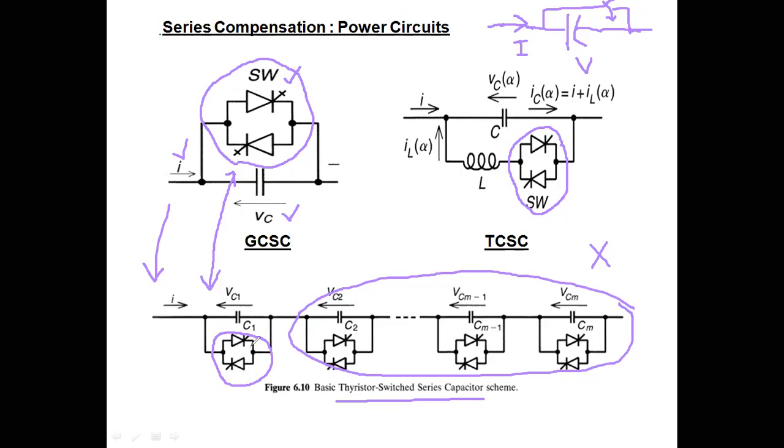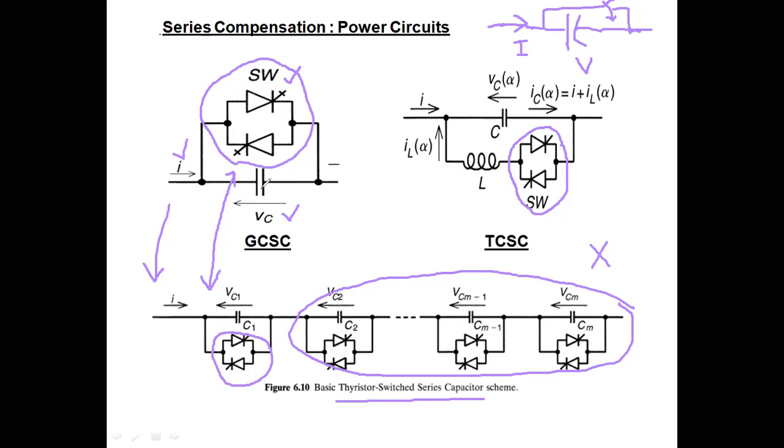In the case of a thyristor, you cannot turn it off by giving a gating signal. You have to design a separate circuit for that. Whereas in the case of GTO, just by designing the firing circuit, you can turn it off.